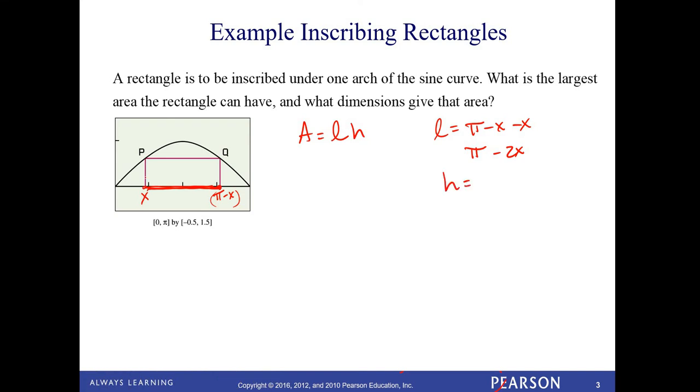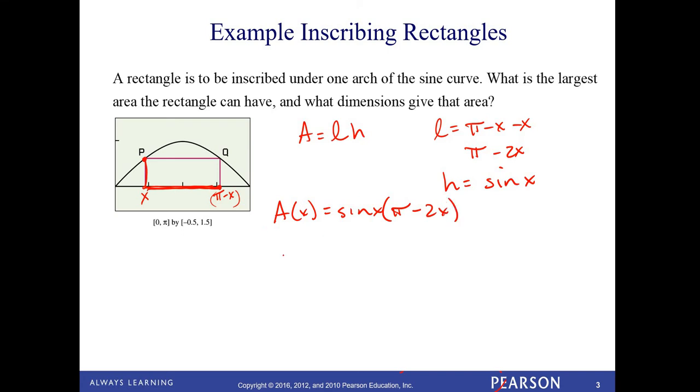My height is going to be my y value. In this case, my height is sine x. So the area of any given rectangle in terms of x is going to be sine x times pi minus 2x.